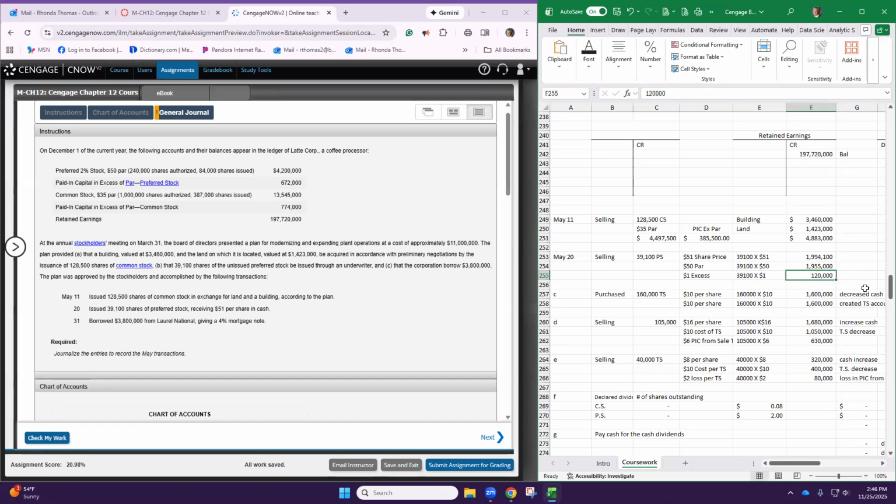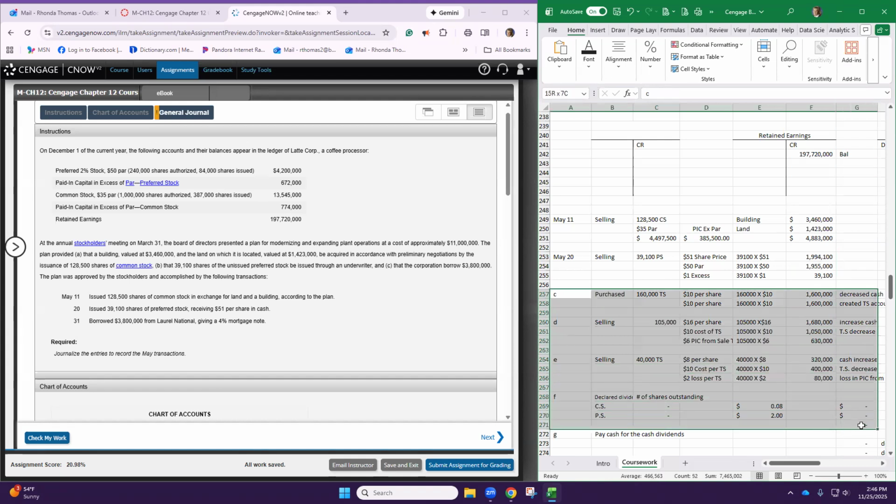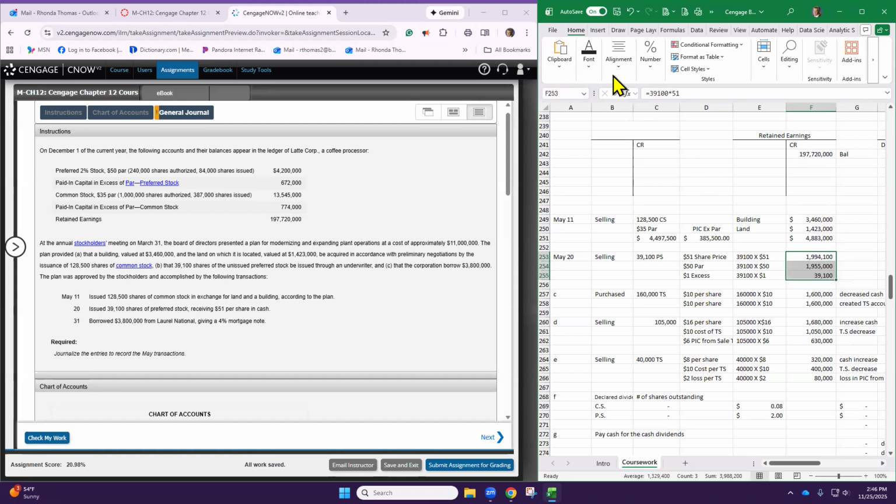So I believe the difference is 39,100. So these are all the amounts we're going to do the journal entry for. And I'll put that in dollars.